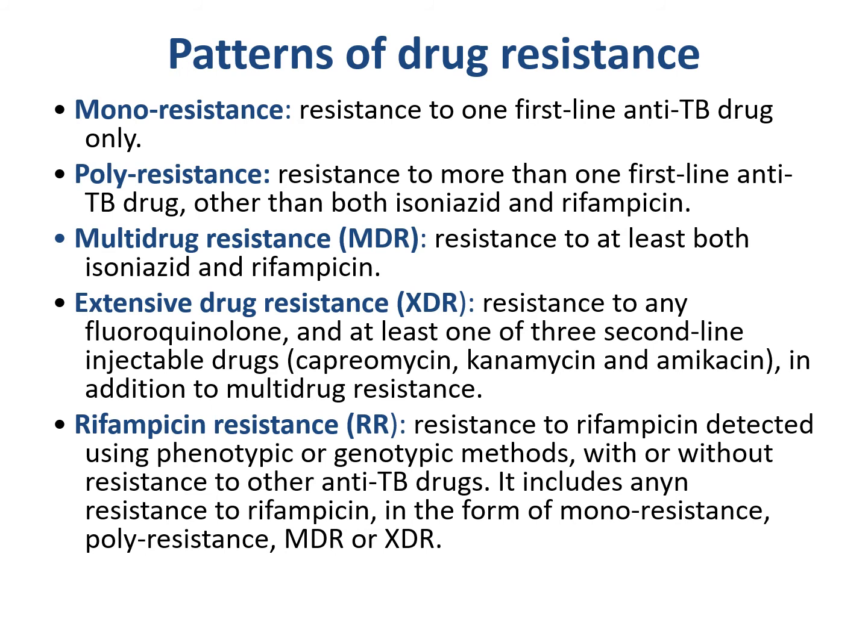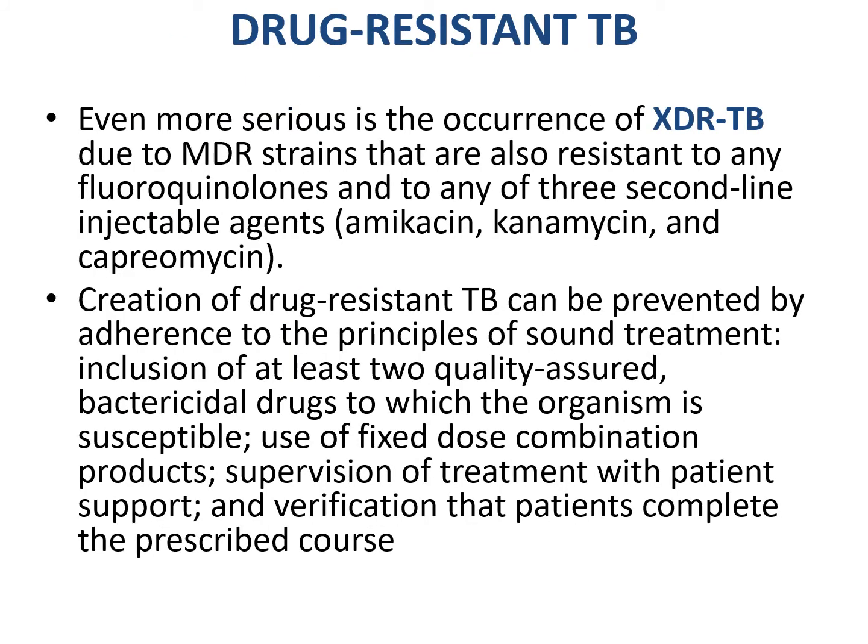Rifampicin resistance, RR, is resistance to rifampicin detected using phenotypic or genotypic methods, with or without resistance to other anti-TB drugs. It includes resistance to rifampicin in the form of monoresistance, polyresistance, MDR, or XDR. Even more serious is the occurrence of XDR-TB due to MDR strains that are also resistant to any fluoroquinolones and to any of 3 second-line injectable agents, amikacin, kanamycin, and capreomycin.